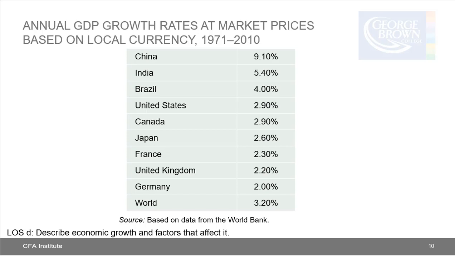The exhibit shows the annual GDP growth rates in a sample of countries from 1971 to 2010. Note that the growth rates in the developed countries shown, Germany through Canada, were in the range of 2 to 3%. The growth rate in the emerging countries of Brazil, India, and China was much higher. Over time, as economies grow and transition from emerging to developed, the GDP growth rates are expected to move towards the more sustainable rates of 2 to 3%.